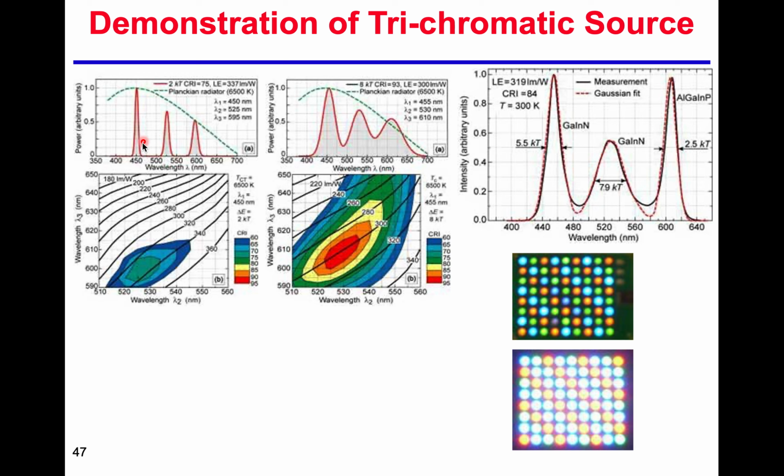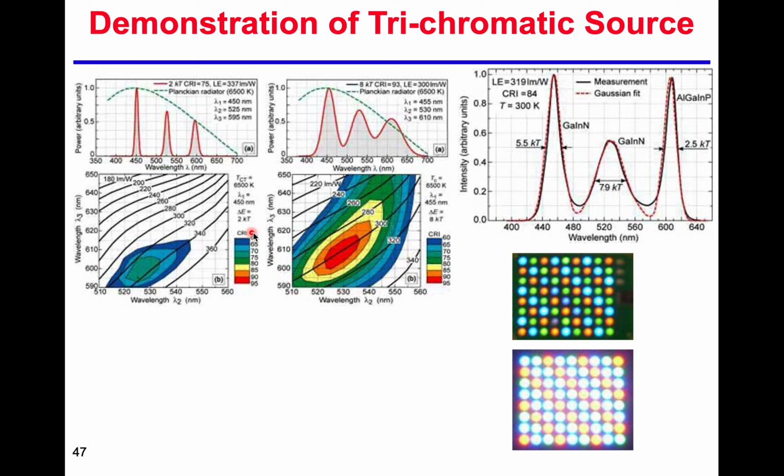And here we can choose different wavelengths. For example, lambda 2 is a green one, lambda 3 is a red one, and we can fix the blue one. So for the narrower line width, we can have the higher efficiency. For the broader one, we can have a lower efficiency.